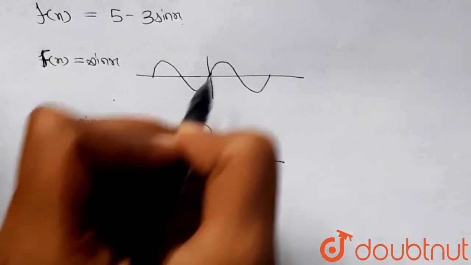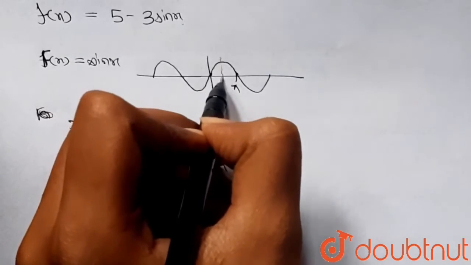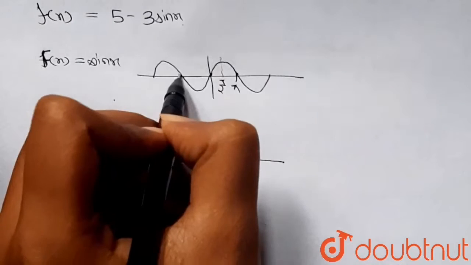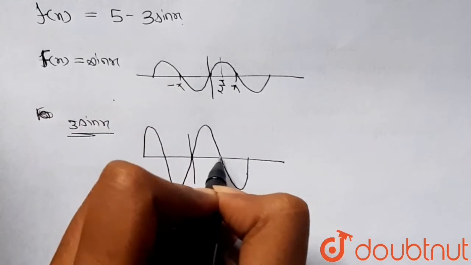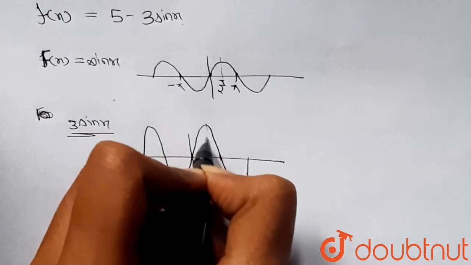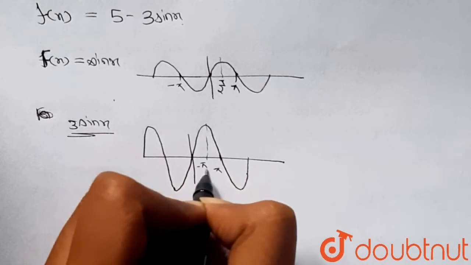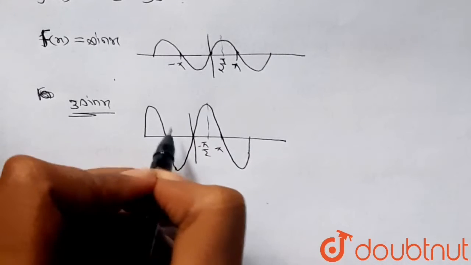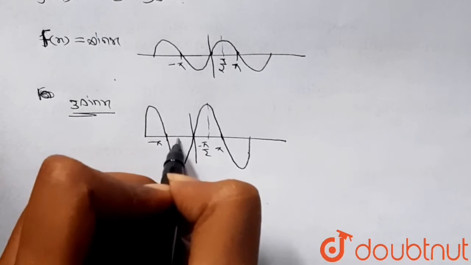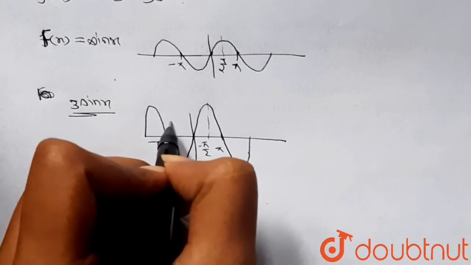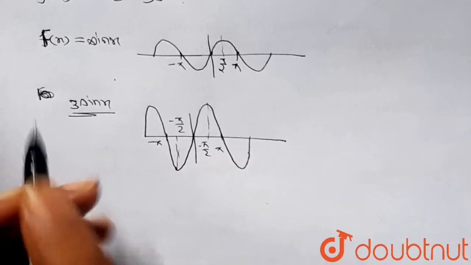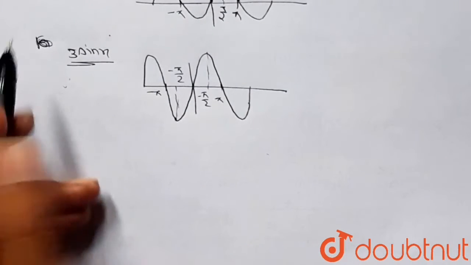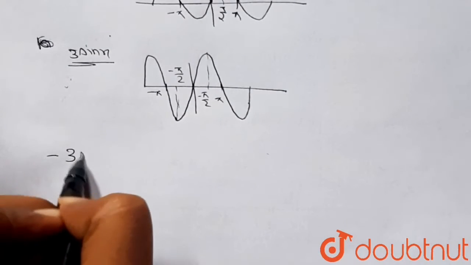Okay, here we all know that this is pi by 2, this is pi, this is minus pi by 2, and this is minus pi. Moving further, let's draw the graph of minus 3 sine x.